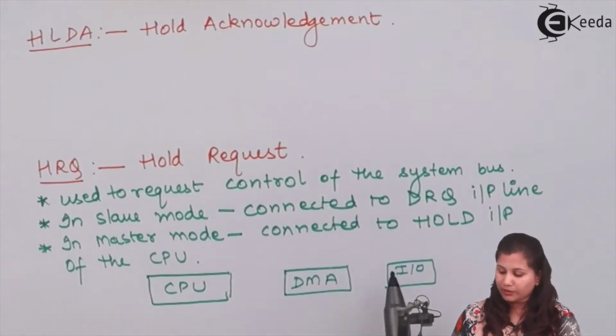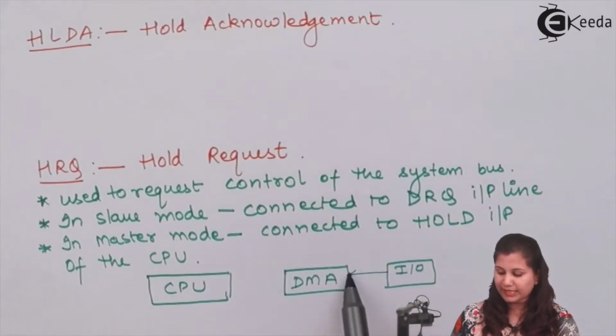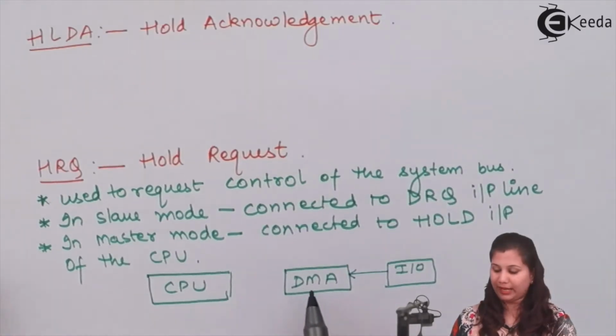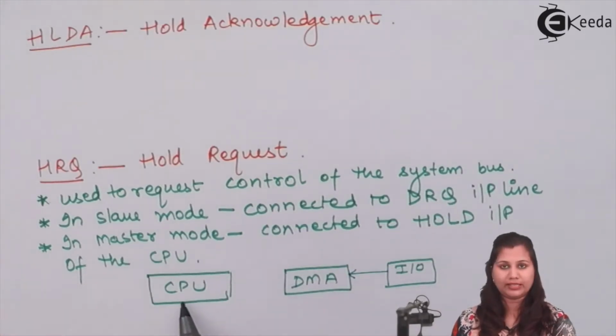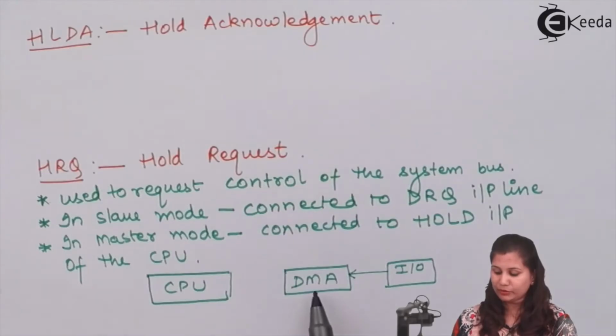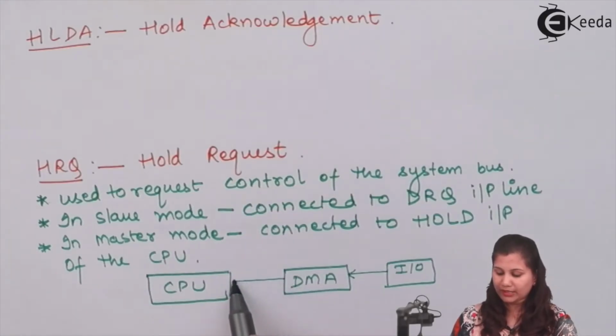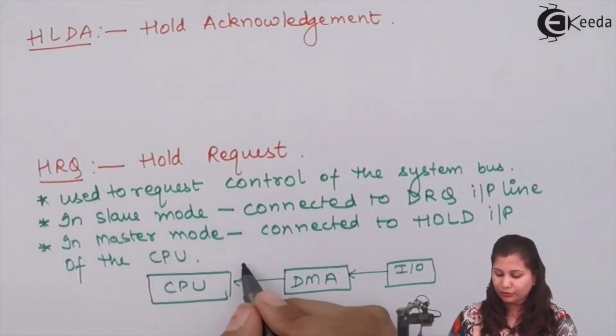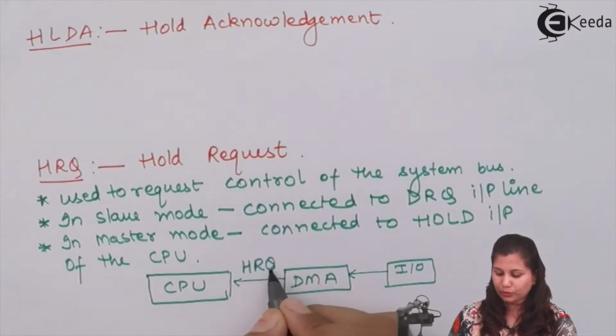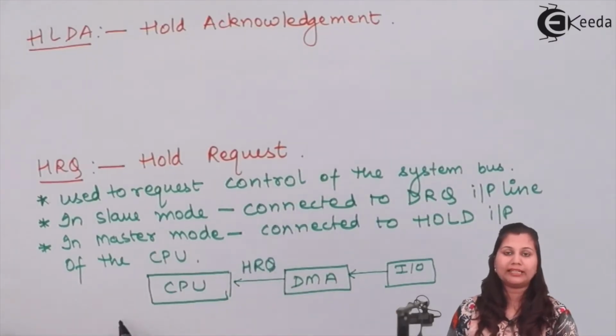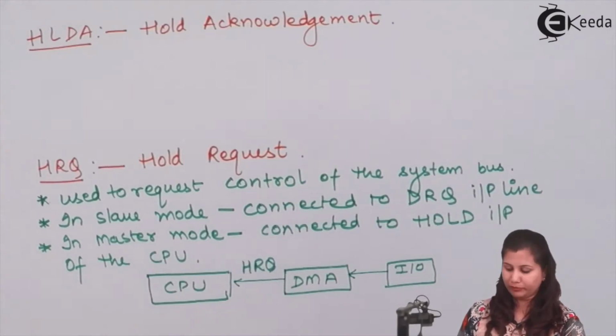The input output device sends a request to the DMA that it wants to communicate with the CPU, and in response the DMA sends the HRQ to the CPU: give the control of the buses to me.